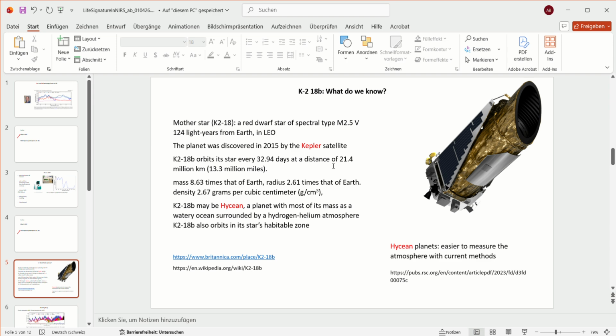It's easier to find these planets with this method. And the mass is 8.6 times the mass of Earth. The radius is also larger than the radius of Earth. So it's a relatively large planet compared to the mass of the star, which I haven't shown you. But it's probably not a very heavy star. And the density is 2.67 grams per cubic centimeter.